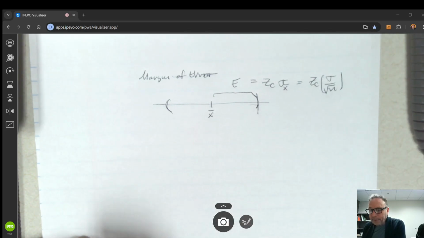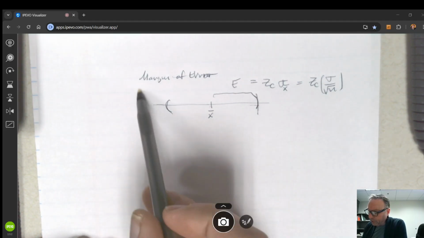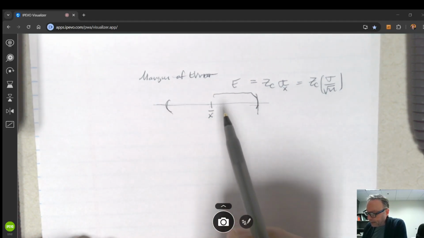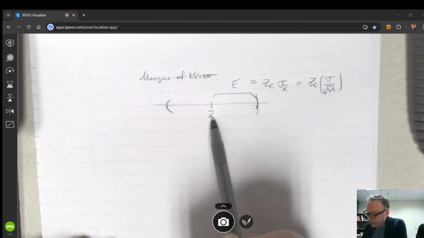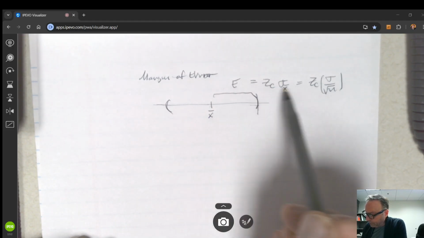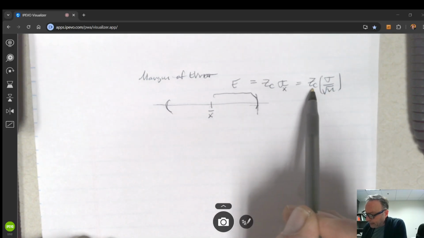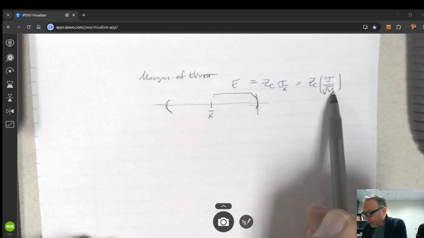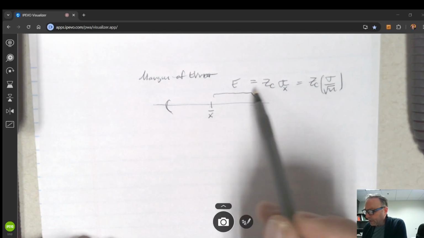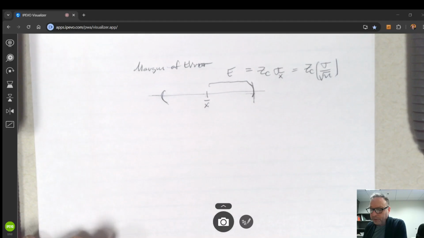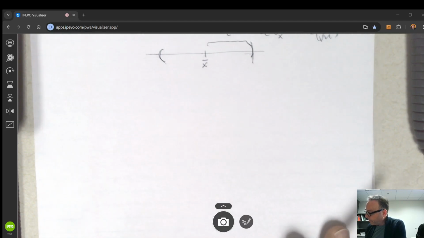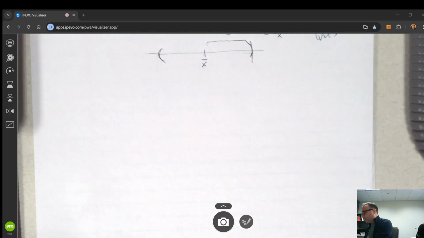So in the homework problems, they might say find the margin of error, and they'll give you the ZC, sigma, and square root of n, and you just have to calculate that. That's the formula you're going to have to use, and I'll show you where we get that in a minute. All right, I think that's good.